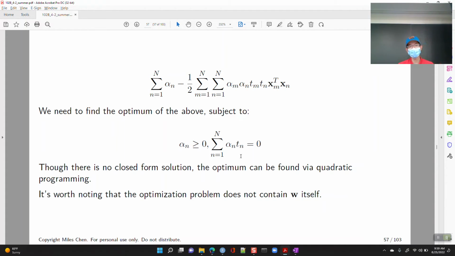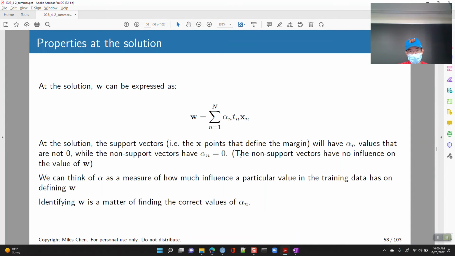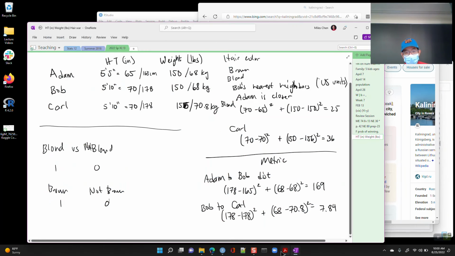Alpha is equal to 0 if a particular observation does not have any influence on the final result, and then you have alpha equal to some value when it does have influence, okay? So the final solution for W is going to be some product of alpha multiplied by the values of X.